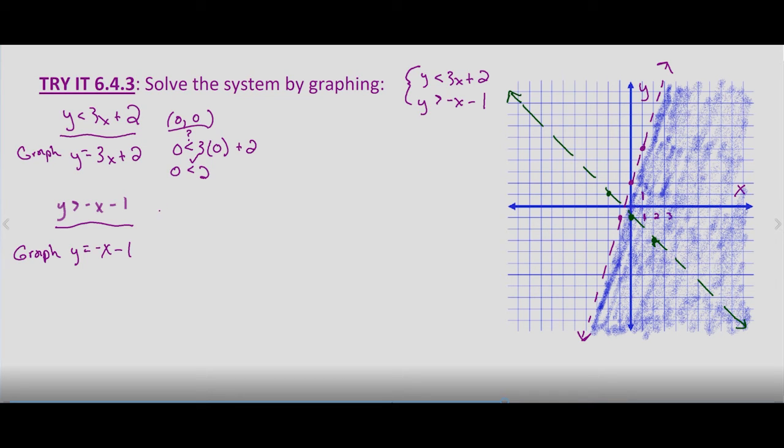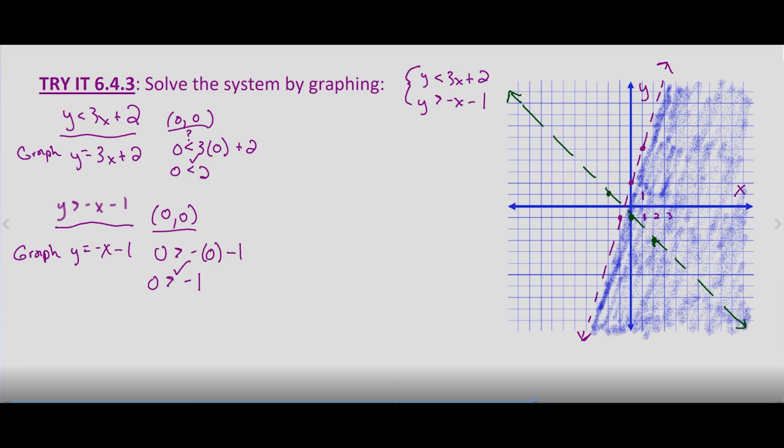In this case, I'll use (0, 0) again, because that's definitely above the line. Is 0 greater than negative 0 minus 1? So is 0 greater than negative 1? 0 is greater than negative 1. That checks. So we know we want to shade above this line.